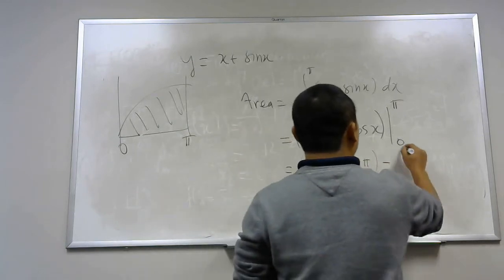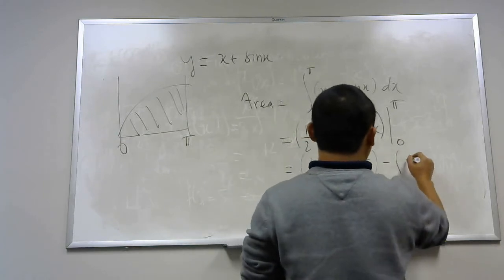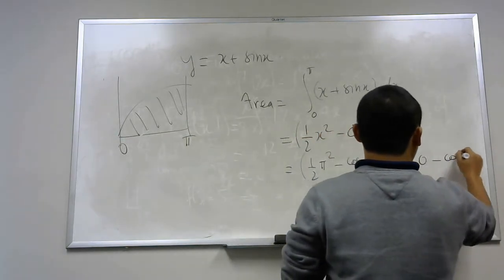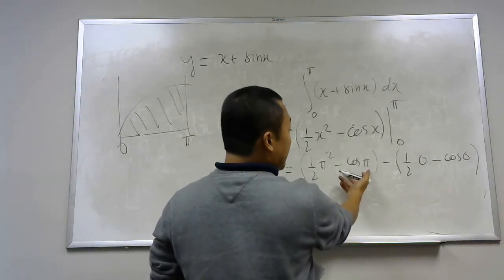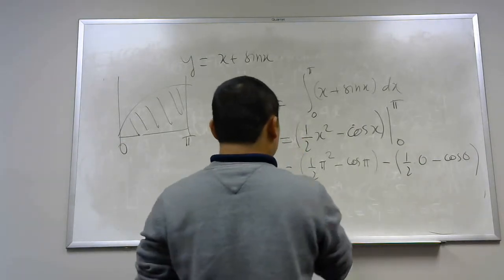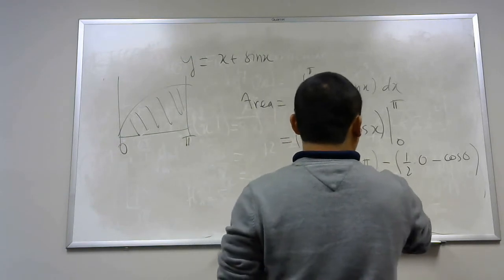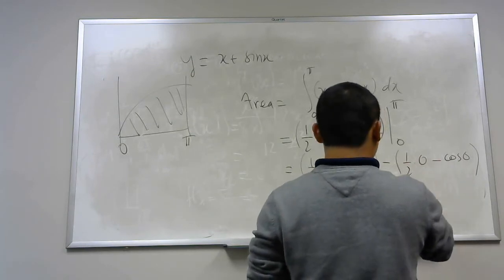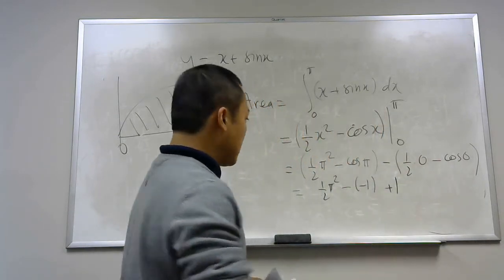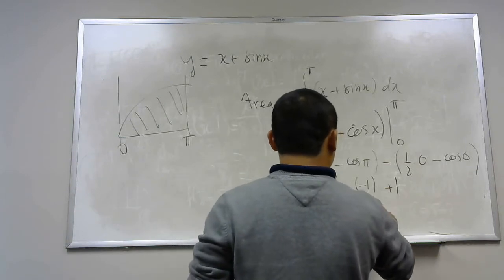And then minus, use parentheses please, so 0 in here, I have 1 over 2 times 0 minus cosine of 0. Cosine of pi is negative 1, right? So I have 1 over 2 pi squared minus negative 1. This is 0, cosine of 0 is 1, negative with negative plus 1. So overall, I have 1 over 2 pi squared plus 2.